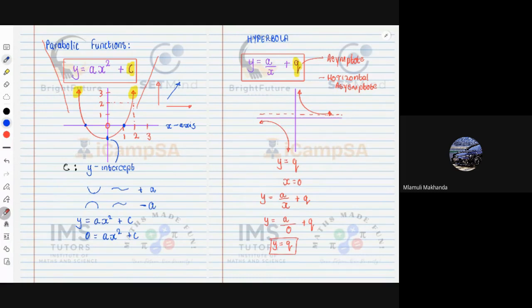The same happens here. The negative X values, when we're looking at this direction, keep on decreasing.